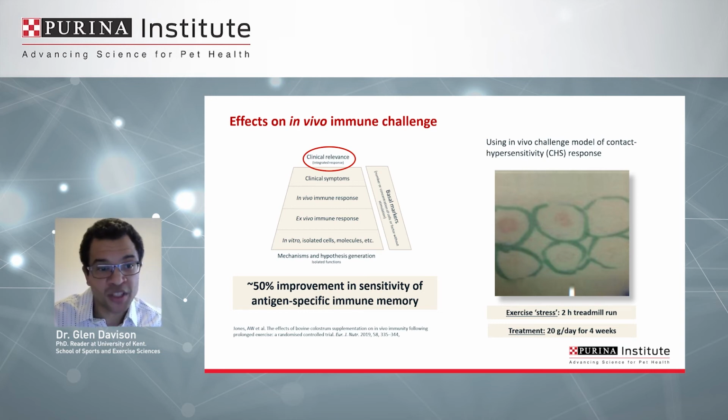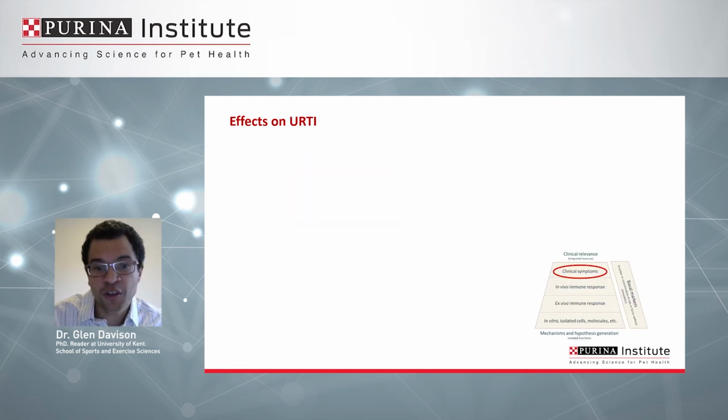So what we're saying here is there was a 50% improvement in the sensitivity to this antigenic challenge, which was exposed at the surface of the skin, to which they were sensitized immediately after a 2-hour treadmill run. So under normal conditions, we would expect a 50% reduction after exercise, but with colostrum, that reduction was significantly prevented.